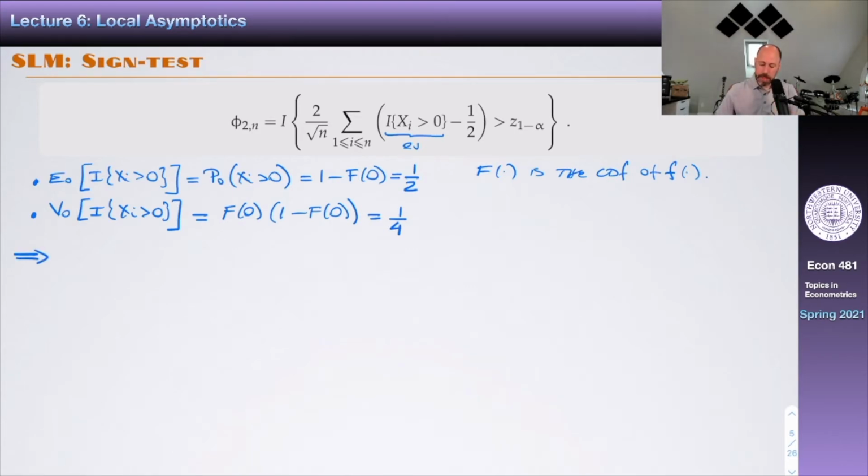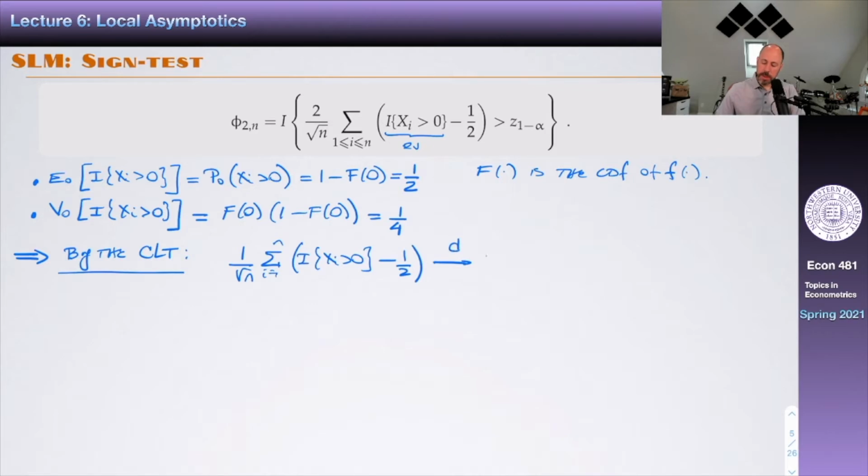Then we have that by the CLT, one over square root n, sum from 1 to n of the indicator that xi is greater than or equal to 0, minus its mean, which is a half, converges in distribution to a normal with mean 0 and variance 1/4.